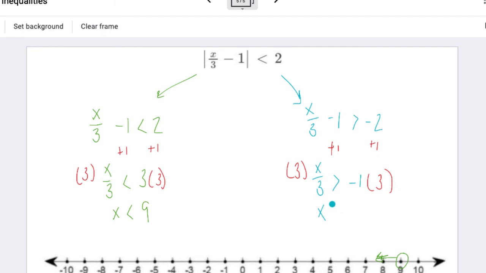So not negative 9. So x is greater than negative 3. So open circle at negative 3. Arrow is going to go to the right. So it's going to connect in between positive 9 and negative 3. So this is an intersection. All right, get to work.